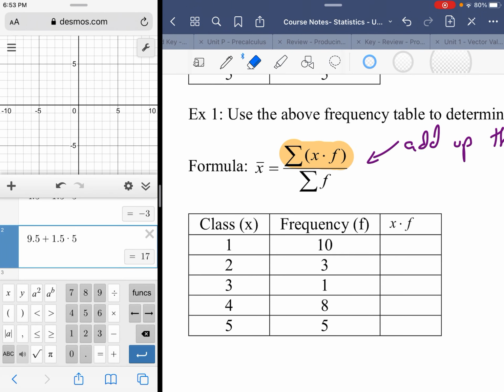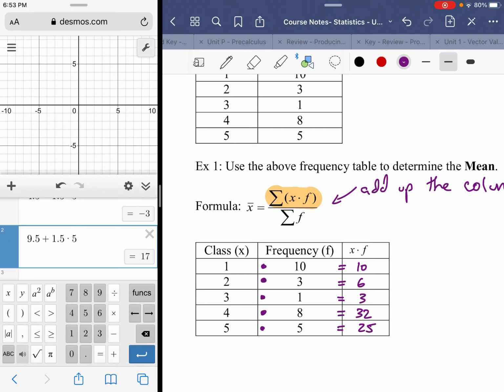So I need to create a column of x times f. So it's telling me to multiply the columns. 1 times 10 is equal to 10. 2 times 3 is equal to 6. 3 times 1 is equal to 3. 32. And then 25.